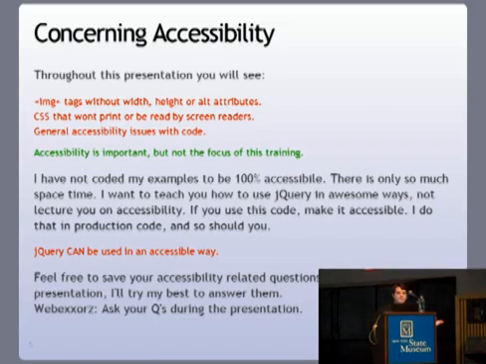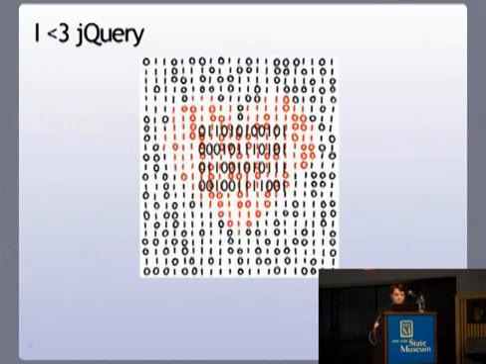So feel free to save your accessibility questions till the end. If you're on the free webinar, go ahead and ask your question now. Jim will collect them, and then we'll get to them at the end of each part.